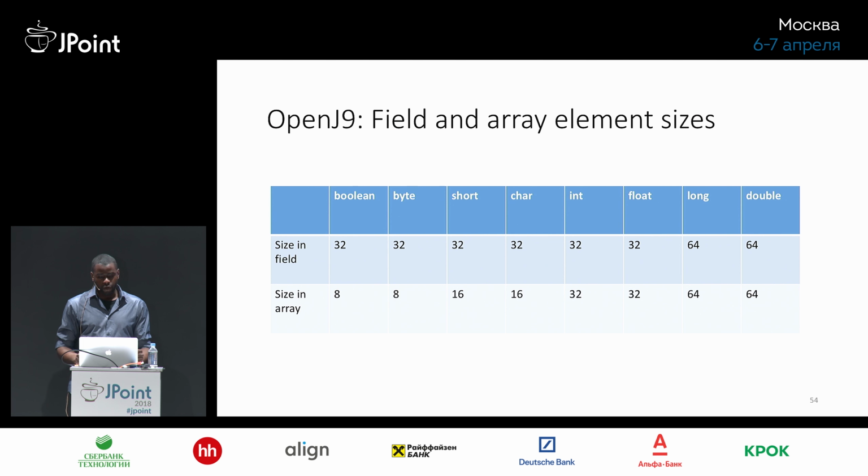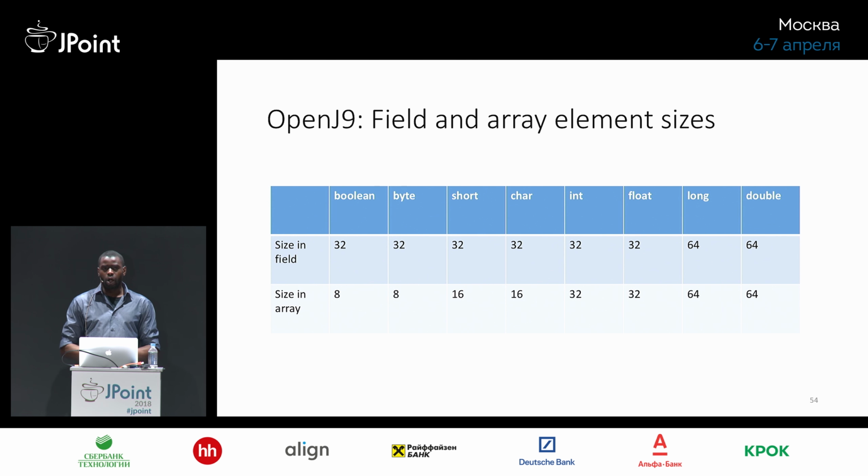As you may have noticed, there are no references in this table, and that's because the size of a reference depends on what JVM you're running and what mode you're running in that JVM. There are JVM implementations for 32-bit and 64-bit execution modes. The difference is how they represent memory addresses. On 32-bit JVMs, a memory address is 32 bits, so referencing an object is 32 bits. On 64-bit JVMs, memory addresses are 64 bits.